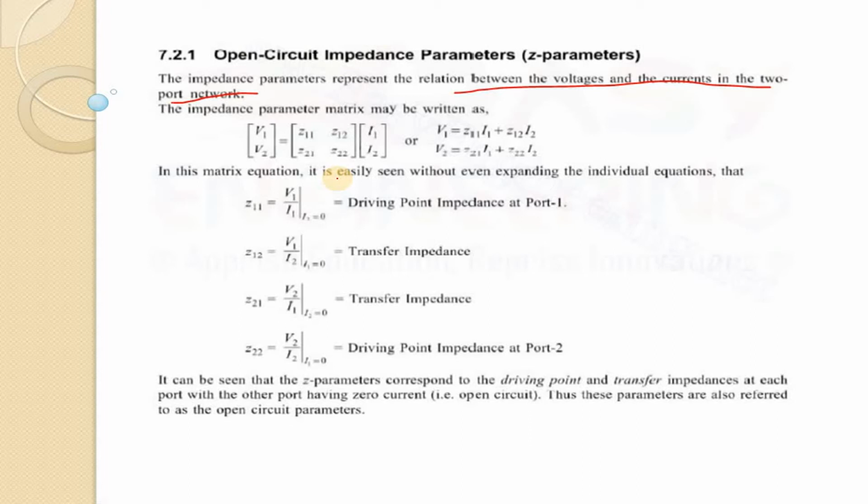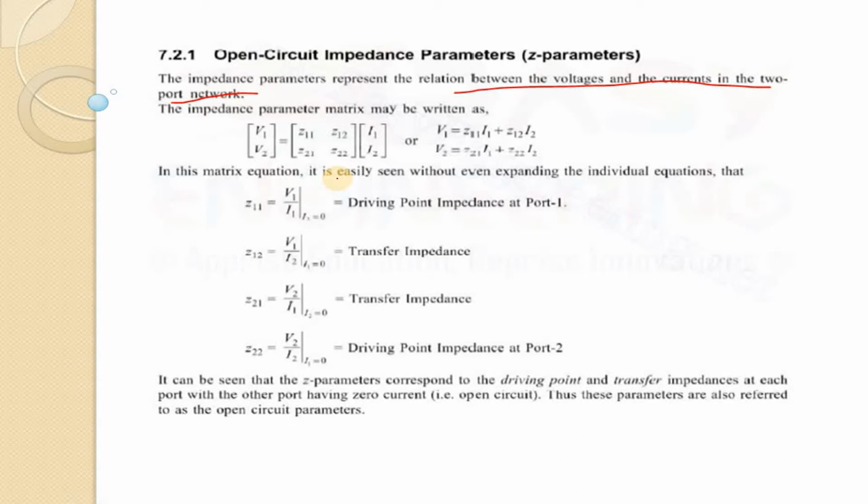In matrix form, impedance parameters can be written as [V1, V2] equals [Z11, Z12; Z21, Z22] times [I1, I2]. That means V equals Z times I, where Z is the impedance matrix formed using Z11, Z12, Z21, Z22.